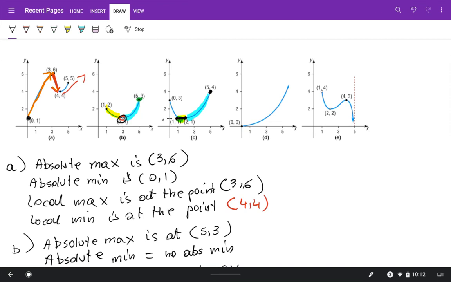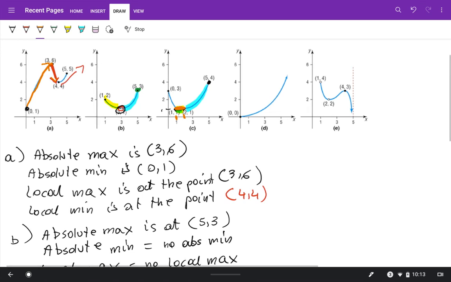Technically, every single point from the interval from 1 to 2 in x coordinates has the same y value, which is 1, because 1 represents the local minimum.